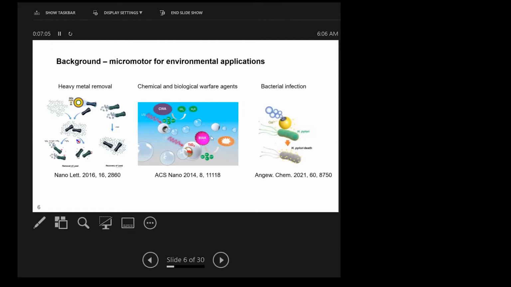The second example is from our group. We fabricated light-activated titanium dioxide magnesium microspheres. These microspheres can propel autonomously in natural water for photocatalytic degradation of chemical and biological warfare agents. In such a case of the bubble propulsion mechanism, the bubbles can create additional mixing.